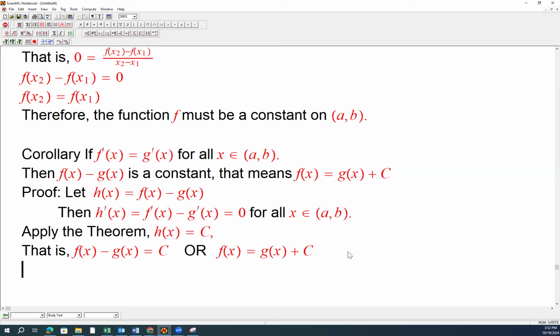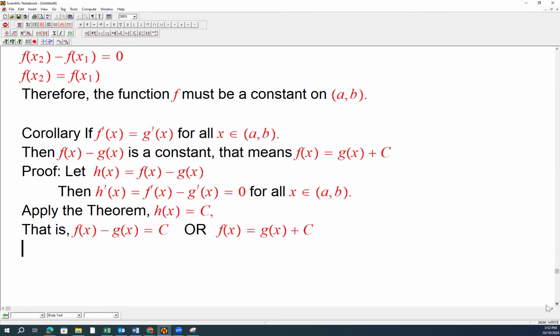So this is to summarize, and what's the use of it? We are definitely going to use these results in the near future. So now we have the following discussion.